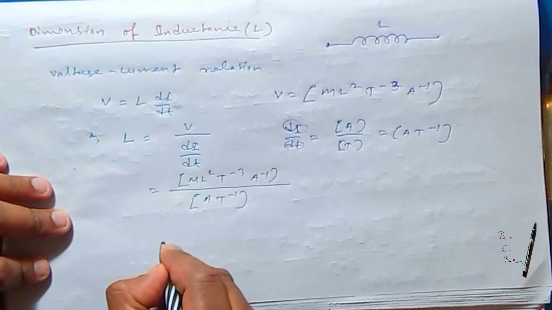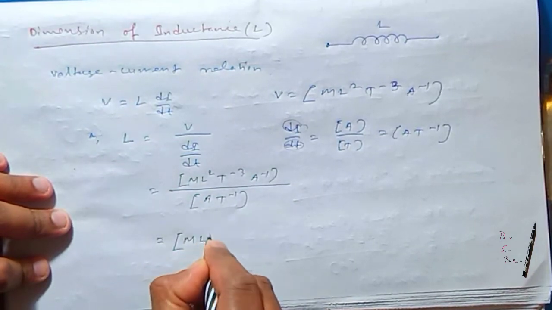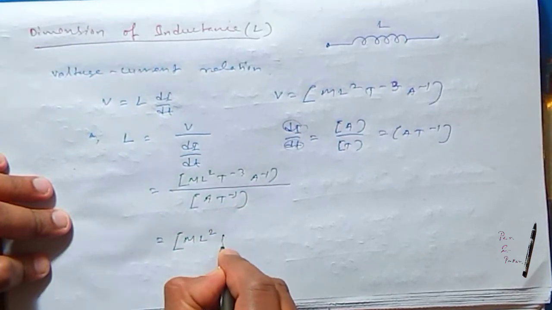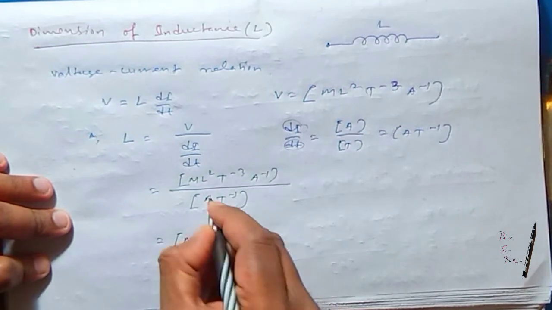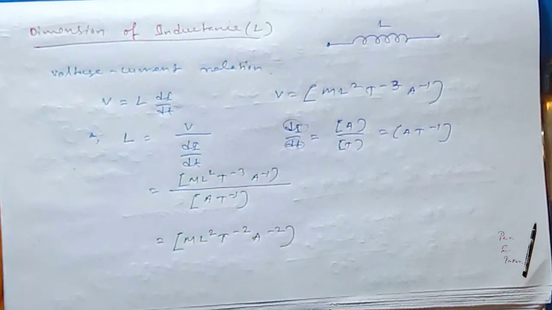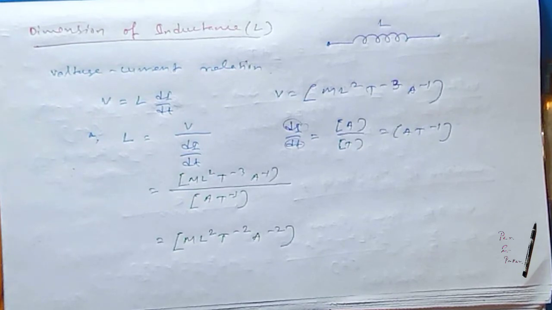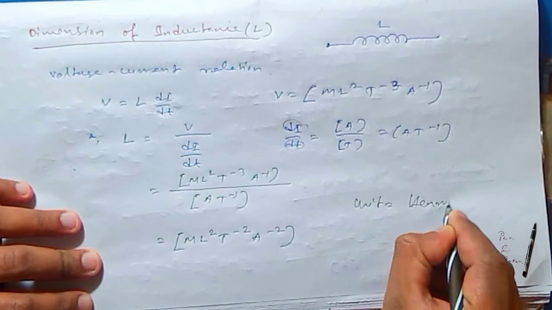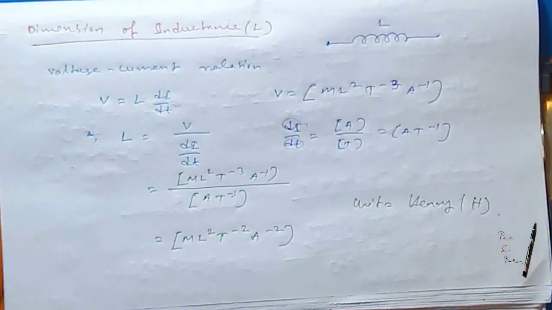Finally, this will be cancelled, and it will be M L square T inverse 2 A inverse 2. Now the unit of inductance is Henry, H. Okay.